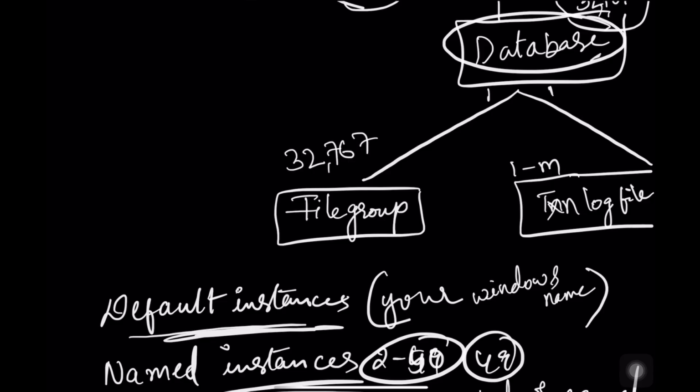A database is a collection of file groups and log files. Each database holds data files and a transaction log file. What is a data file?